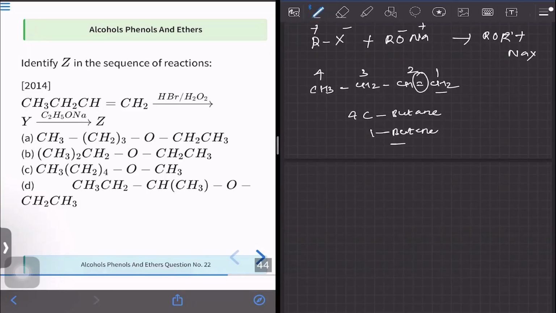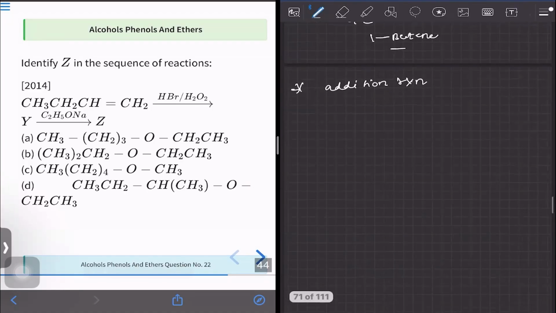So when it undergoes reaction with HBr and H2O2, we all know that this is a kind of addition reaction. I also said that HBr in the presence of H2O2 produces free radicals.